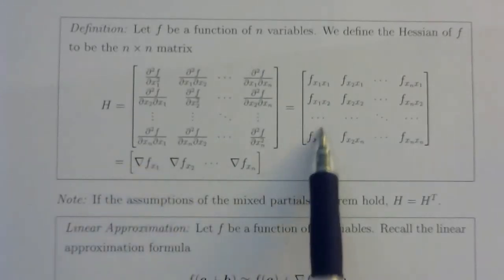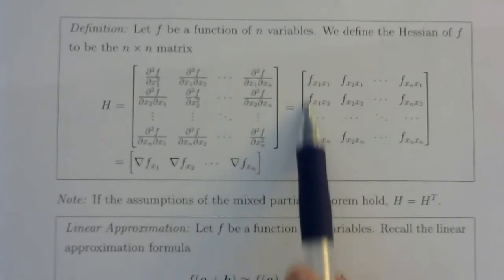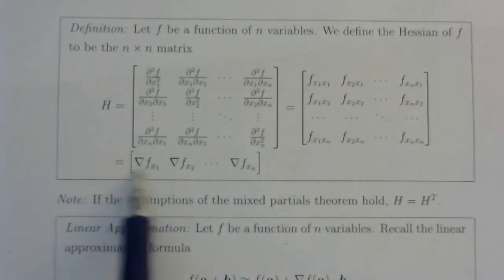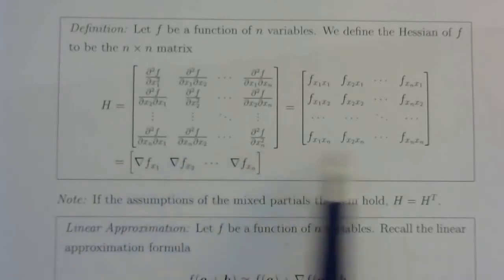So if I take the x1 partial derivatives first and then the gradient of that, I can get the first column, and the partial with respect to x2 and then the gradient of that and so on. I get the n columns of this matrix. So this is an n by n matrix.